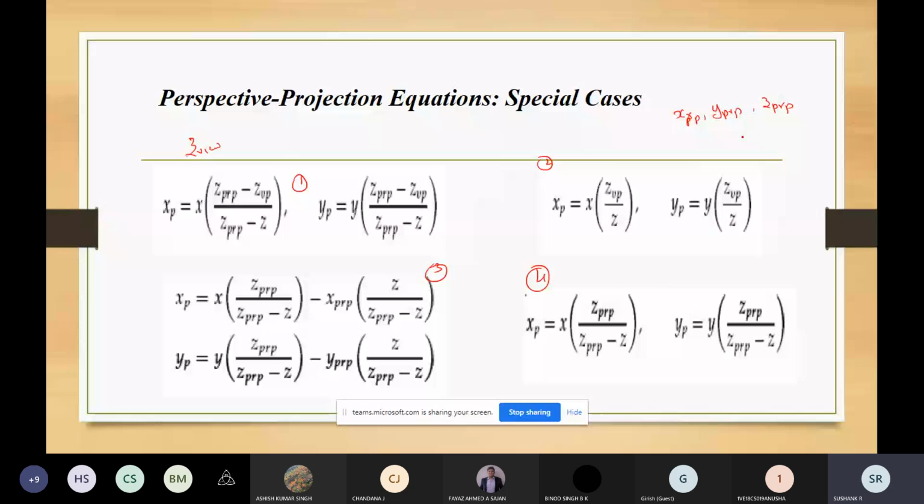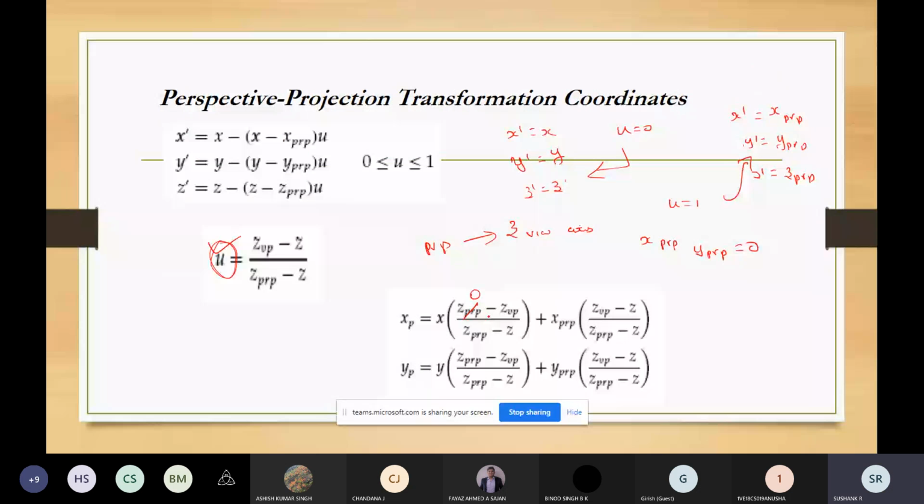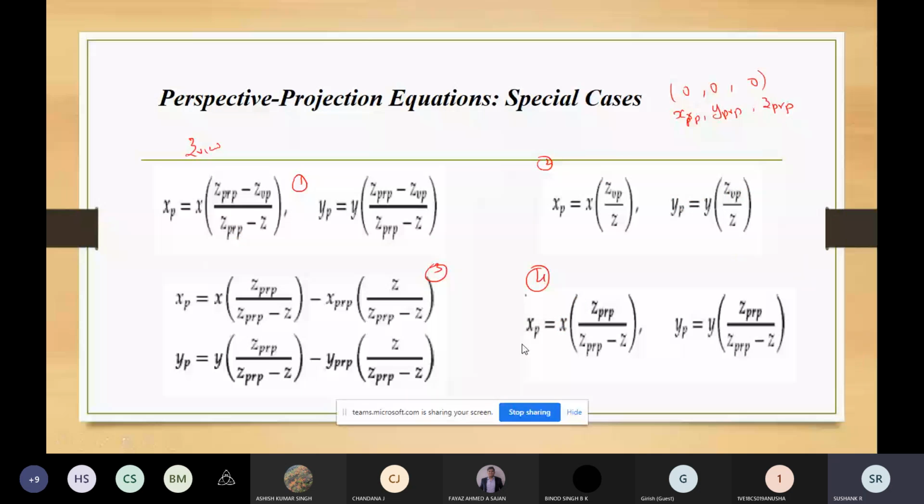So these positions are fixed at the origin, and the values will be 0, 0, 0. So what equations will I get? Minus and minus will become plus: x into zvp by z, y into zvp by z. That is the second situation.